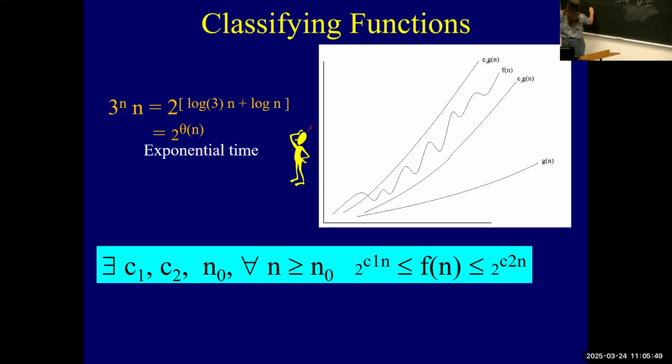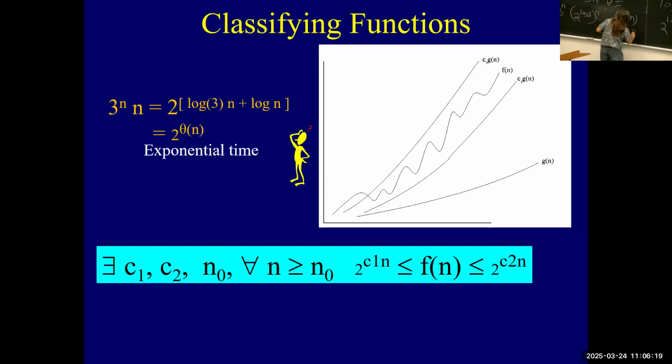Now, I'm trying to understand 3 to the n. Well, 3 to the n is 2 to the log 3, to the n. Now I've got this to the this. What do I do with them? I multiply them. 2 to the log 3 times n.